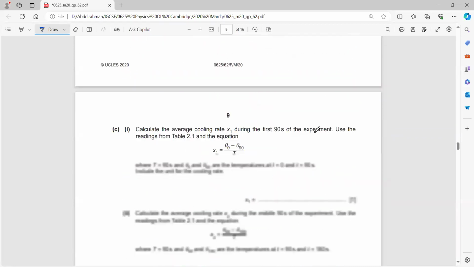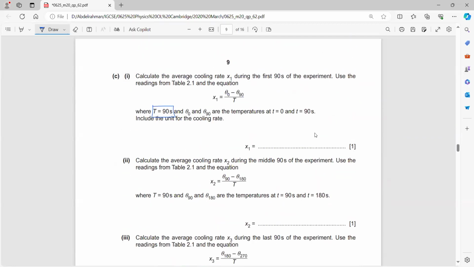So 95 minus 79 over 90. Can someone calculate it? 16 over 90, that would be 0.17. Okay, it should be 0.18.